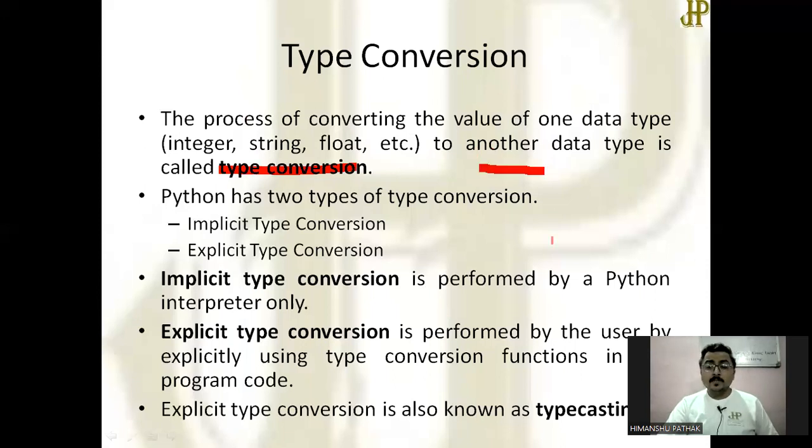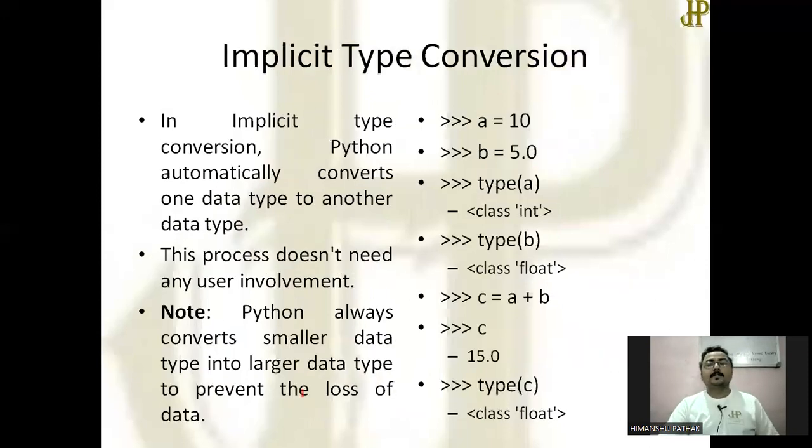And type conversion is of two types. First one is implicit. Second one is explicit. Implicit means this is done by the Python interpreter automatically. But in explicit, user has to perform it specifically. That's why explicit type conversion is also known as typecasting.